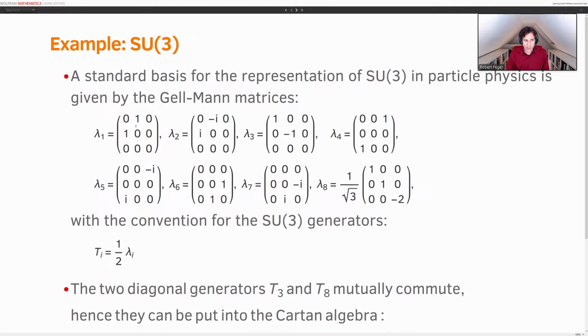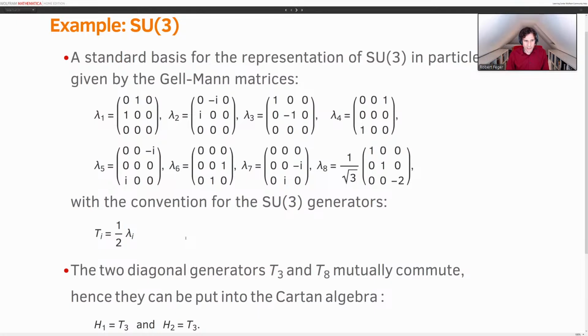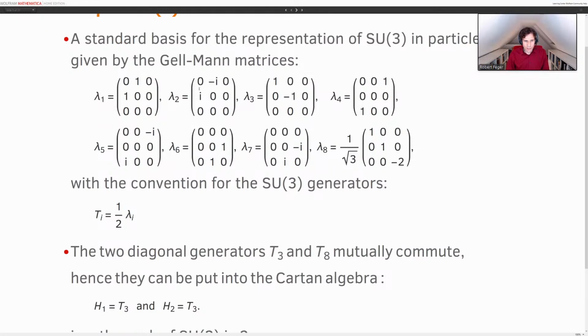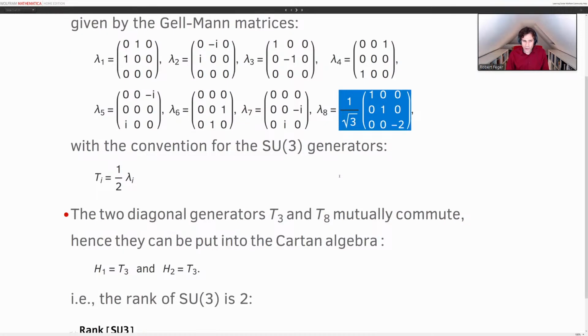There are 8 of them, usually labeled by lambda 1 to lambda 8. I wrote them down here. And there's the convention for the SU3 generators that they are half the Gell-Mann matrices. So you see in the Gell-Mann matrices, lambda 3 here is diagonal, and also lambda 8 is a diagonal matrix. That means they mutually commute, and these are exactly the generators or the representations of the generators that you can put into the Cartan algebra.